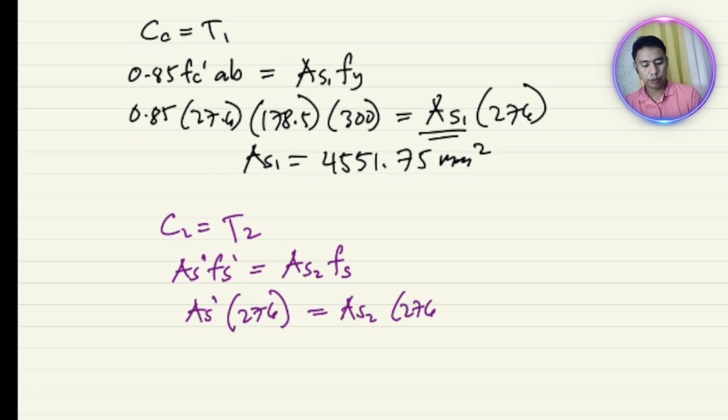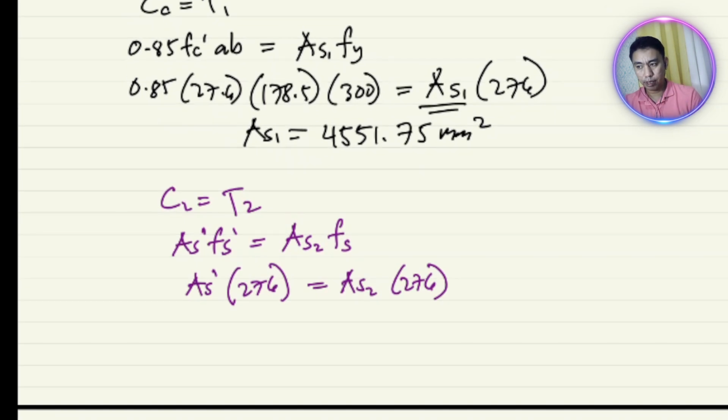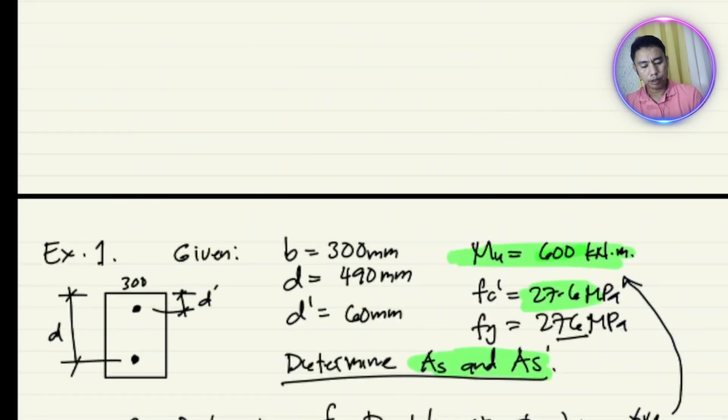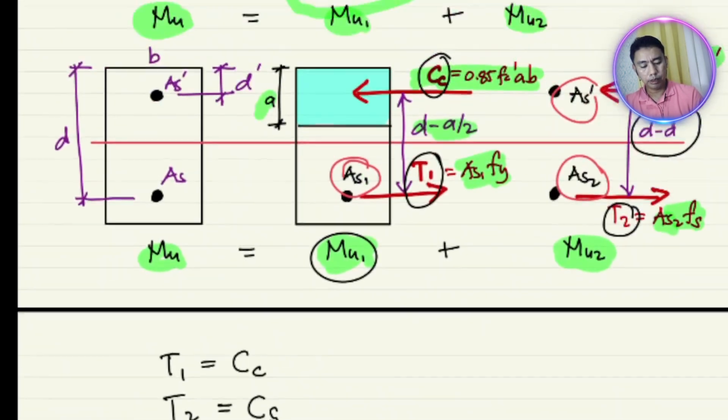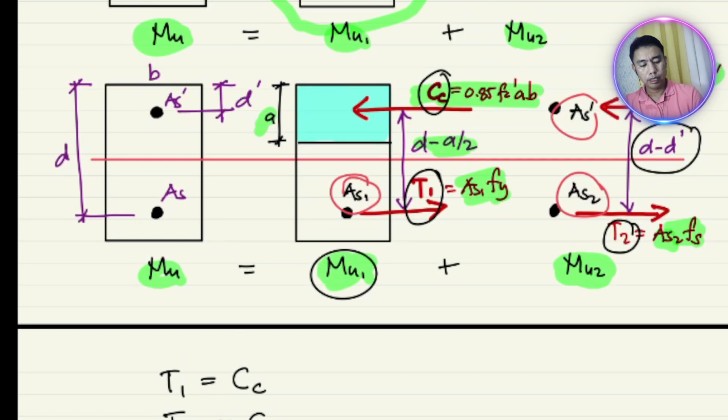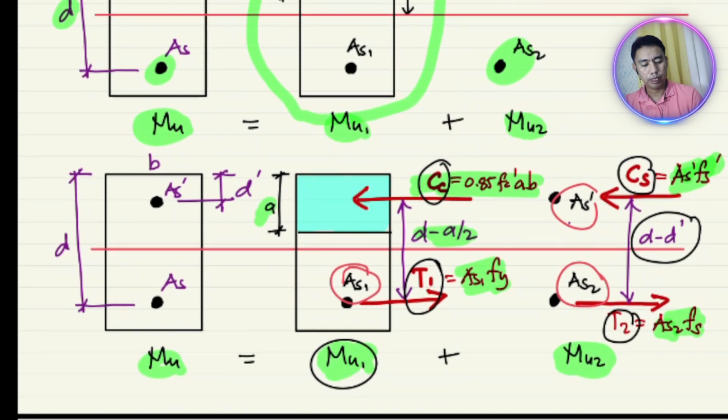So, kung ang both steel mag-yield, pareho sila ng Fs, the same ang Fs at saka Fs prime, we can say that As prime is equal to As2. Okay? So, meaning, if we go back to our illustration, kung mag-yield ang steel natin, these two are equal, As prime and As2.